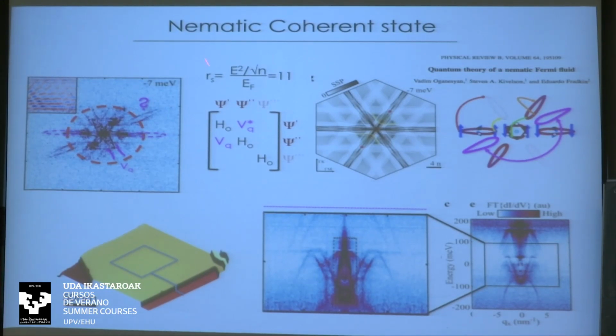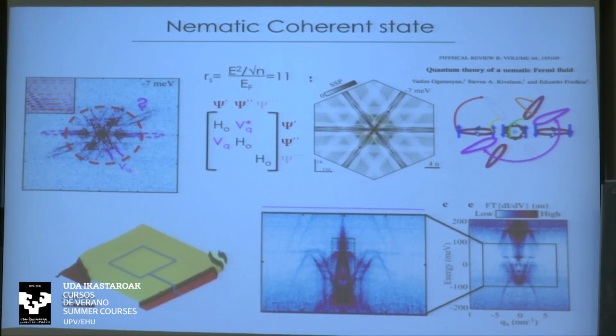Indeed, if you put in the numbers for this interaction parameter that looks at the ratio between the kinetic energy, the Fermi energy, and the typical interaction energy, which is just, this is electron, so it should not be capital E, but the electronic charge over the typical distance between electrons, so a characteristic Coulomb interaction in bismuth, you get a scale of 11, which is not huge, but 1 is the crossover between interaction-dominated and kinetic-dominated material.